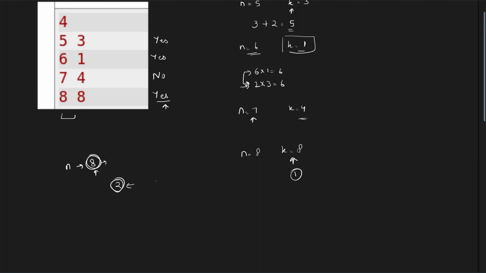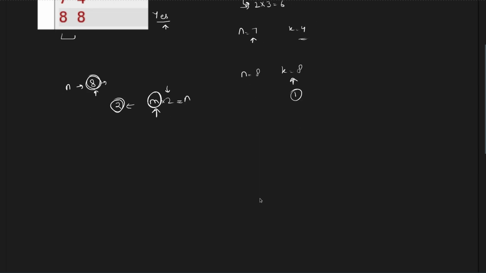If n is even, then it must be some value m multiplied by 2, equal to n, and I can take any amount of these 2-burle coins, so I can form any even number. So case 1 is solved: when n is even, the answer always exists. So the answer will be 1 or yes.